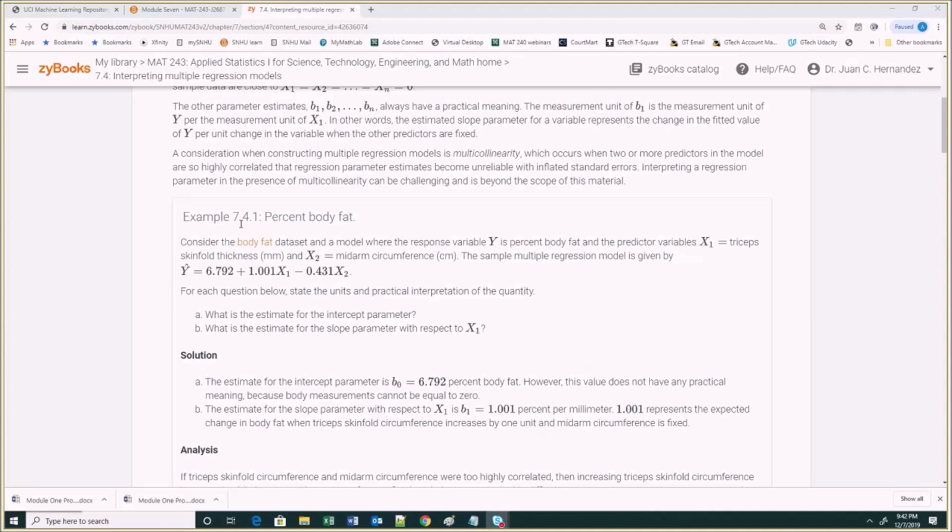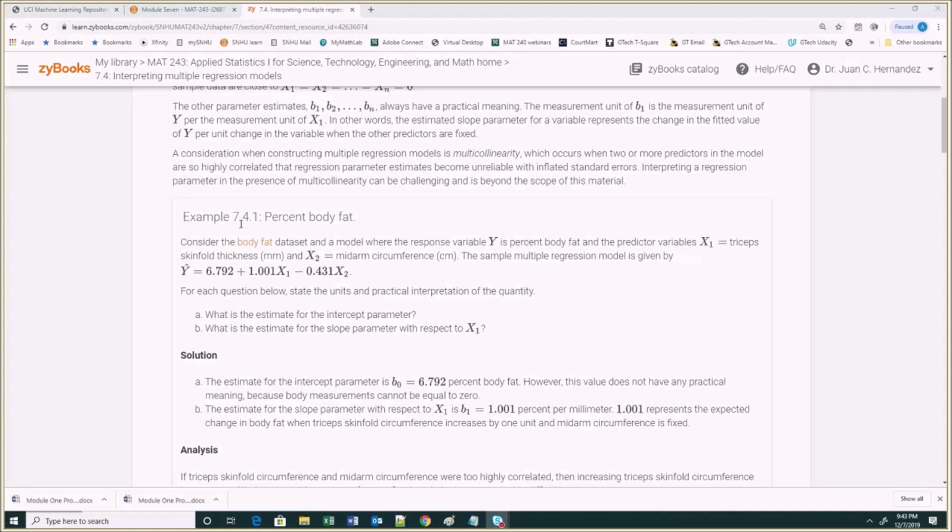And the question is, how do we interpret this value here? What does it mean? Okay, so in this particular case, that says that when x takes a value of 0, the y-intercept, if we were to continue the straight line, it will cross the y-axis at 6.792.